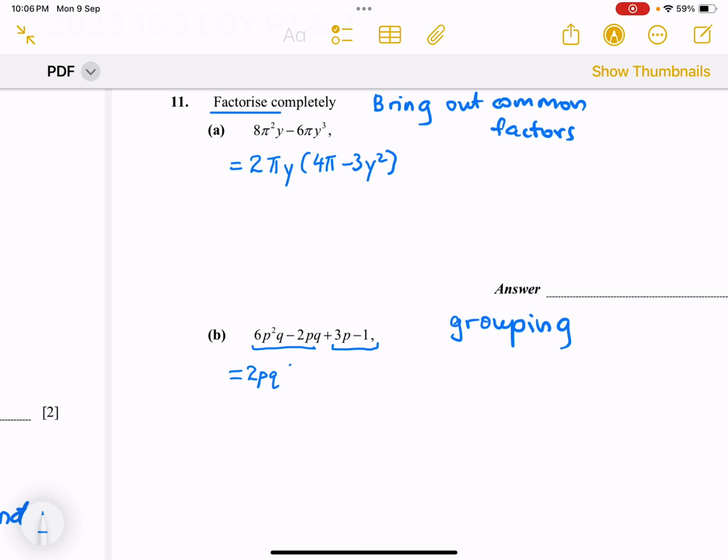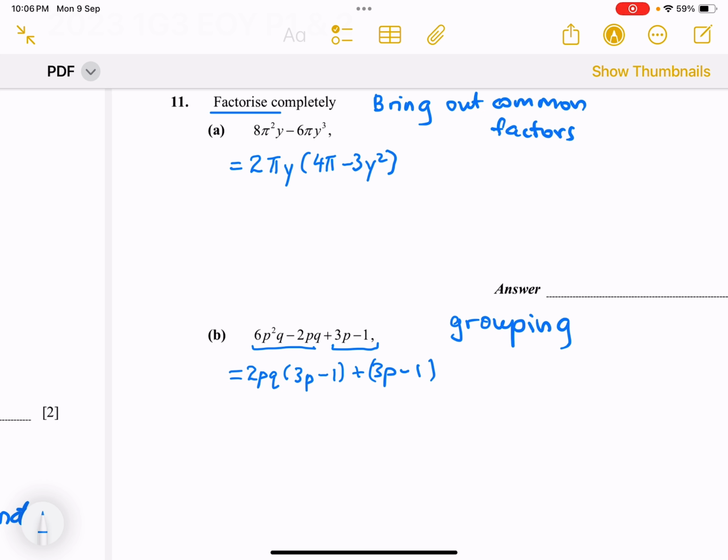Having taken that out, we have 3p minus q minus 1 in brackets, which is the same as the other factor. So this is now the common factor.